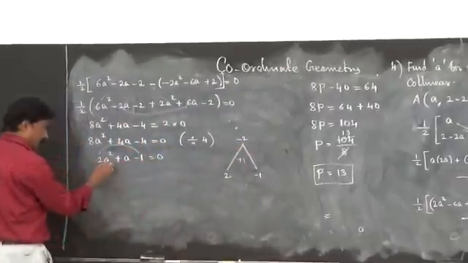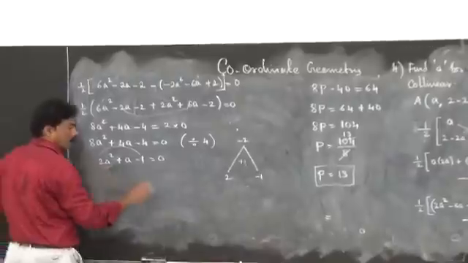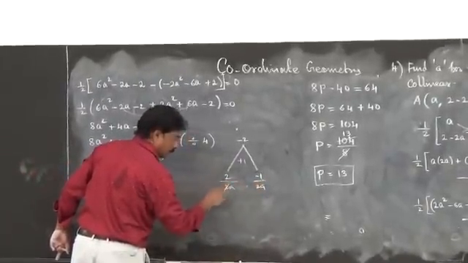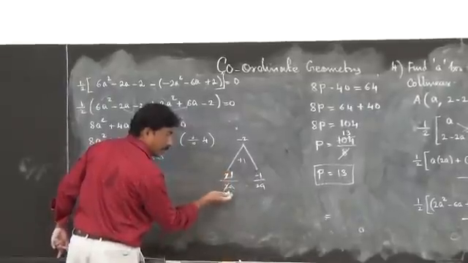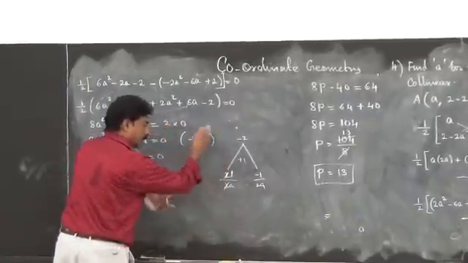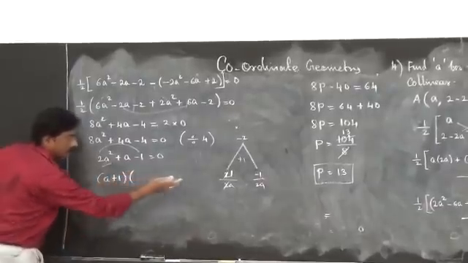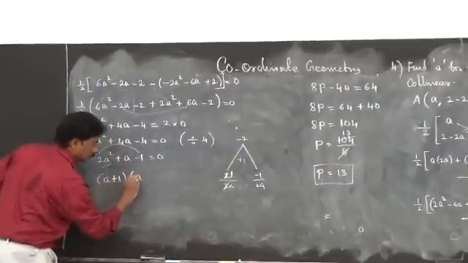Since the coefficient of a square is 2, we divide. So 2 and 2 cancel. When you write the factors, write them in reverse order: (a plus 1) into (2a minus 1).